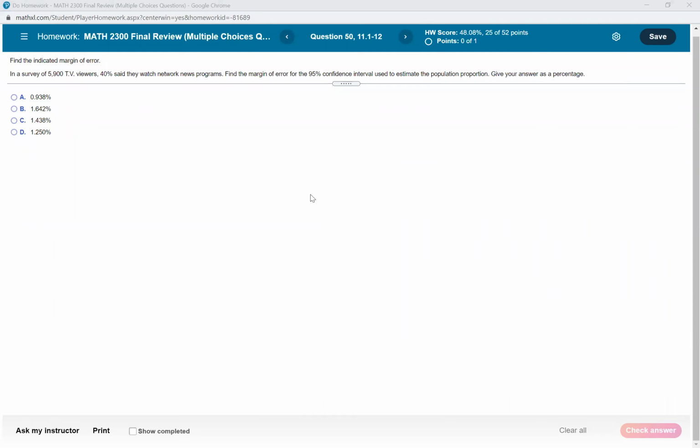Okay, in a survey of 5,900 TV viewers, 40% said they watch a network news program. Find the margin of error for the 95% confidence interval.